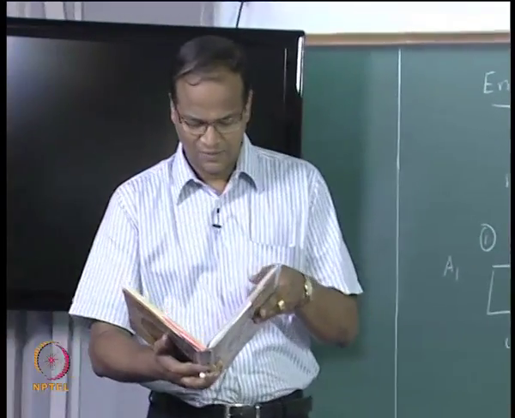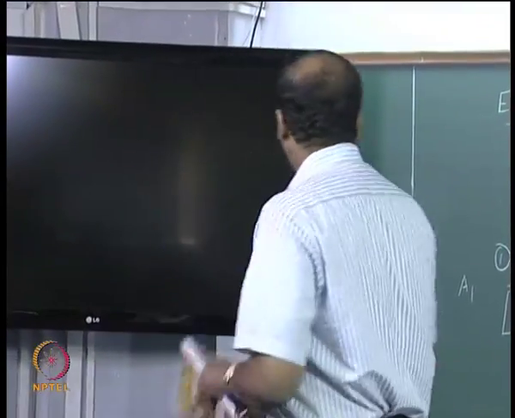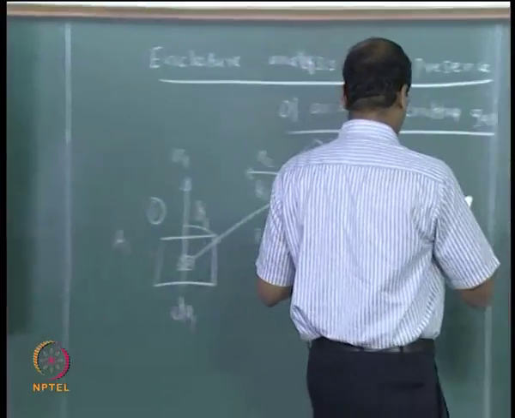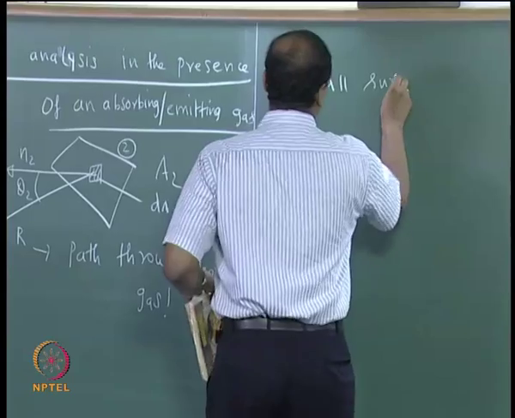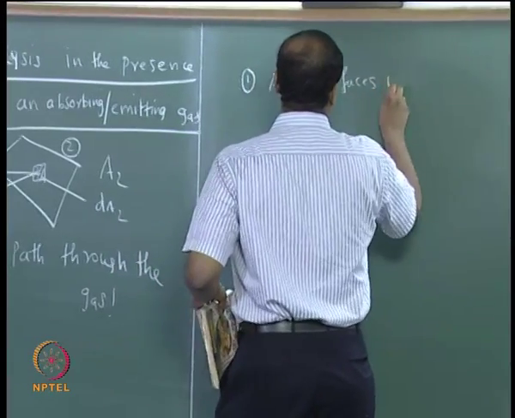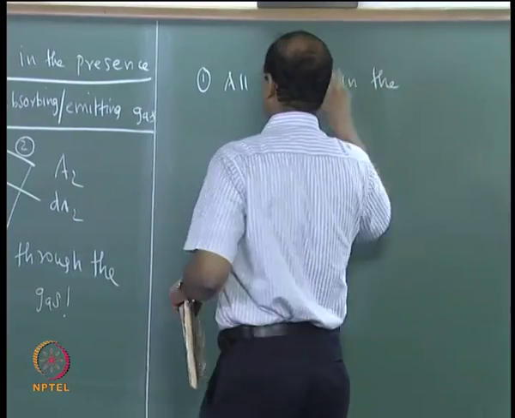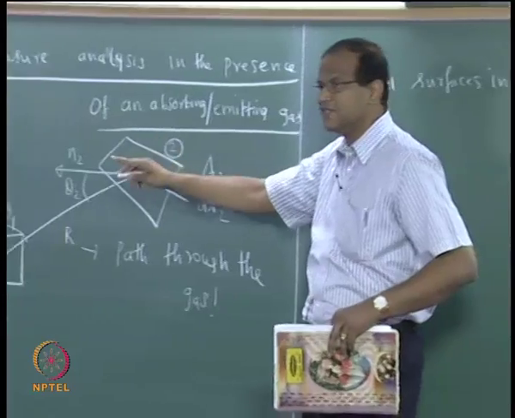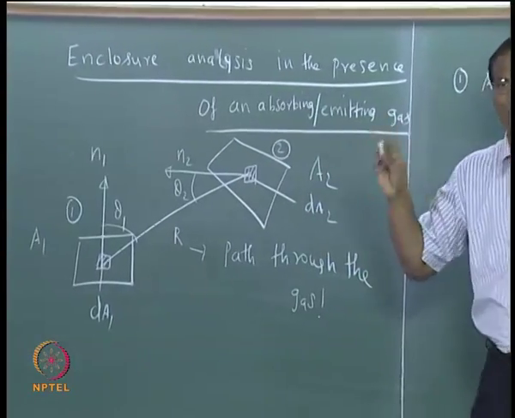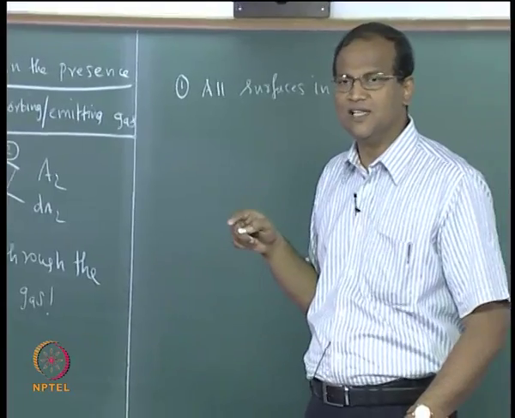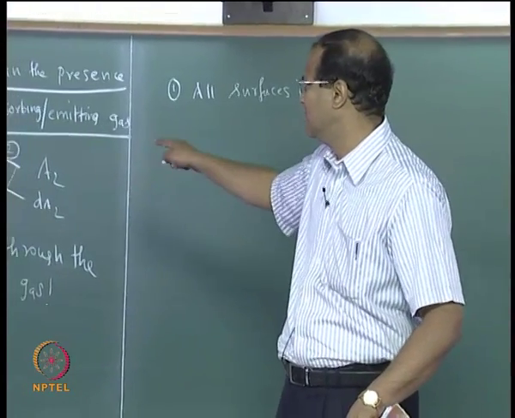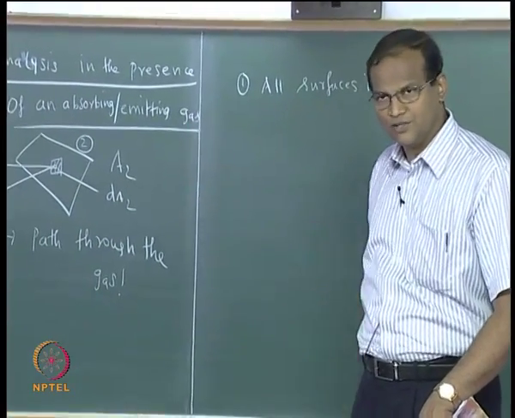Now how do we start? You have to consider two surfaces A1 and A2 which are part of a general enclosure. In A1 and A2 we take two elemental areas dA1 and dA2, and the configuration is shown.